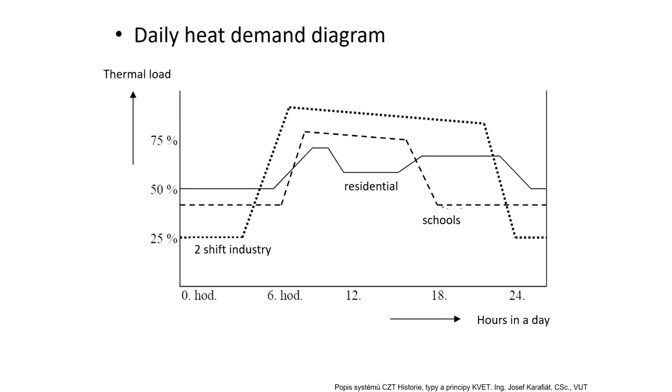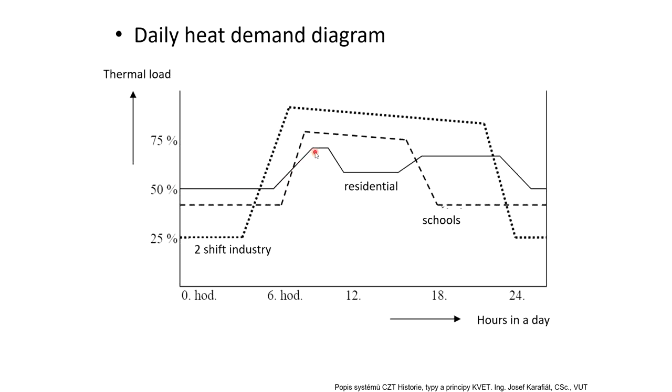So during the day, over the course of the day, the thermal load of basically any heat demand is typically changing. So what you can see here is the typical daily heat demand diagram for some residential area or residential application, where you have some baseline for, let's say, tempering the house.